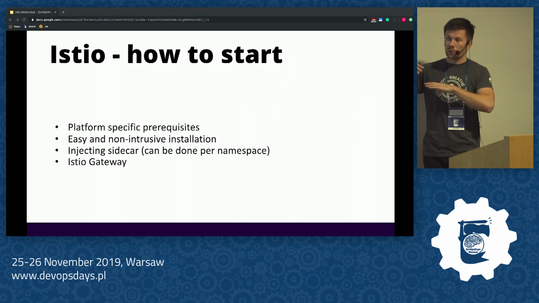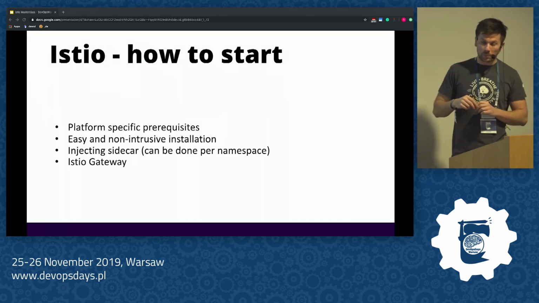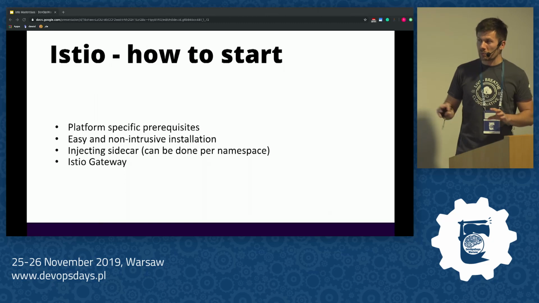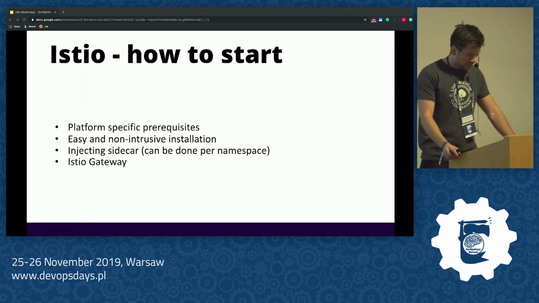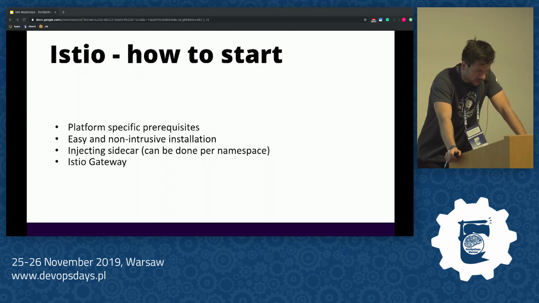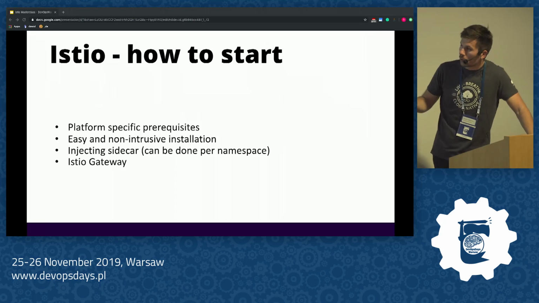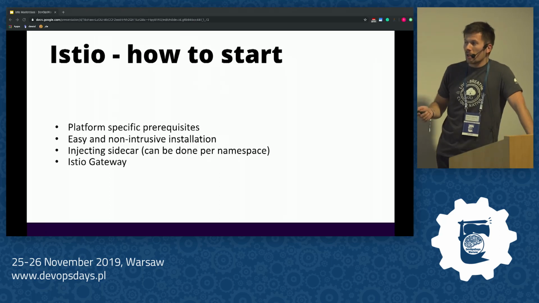But before you start injecting the sidecars into your microservices, before you start applying some YAML files, it doesn't do anything. So it's pretty safe to test Istio. And then, injecting sidecars. Because we're talking about how to start: we have prerequisites, then we install Istio, then we need to inject the sidecar, because again, if you don't, Istio doesn't do anything.